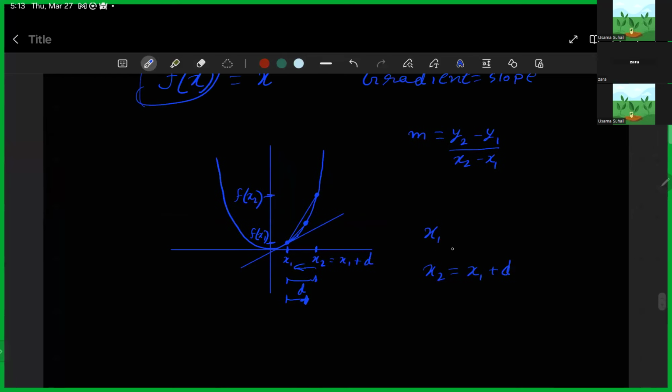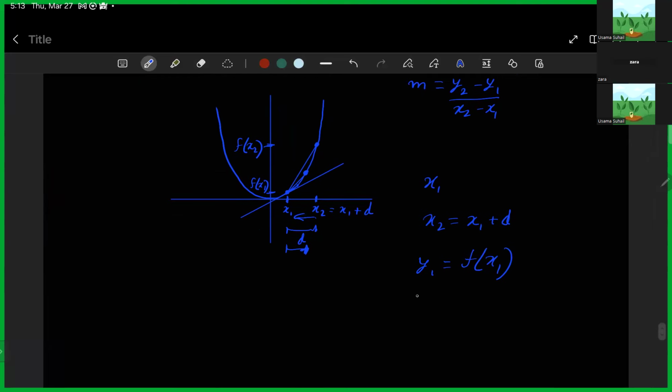If x1 is this and x2 is this, then our y1 will be f of x1, right? Our y2 will be f of x2, which will be f of x1 plus d, right?